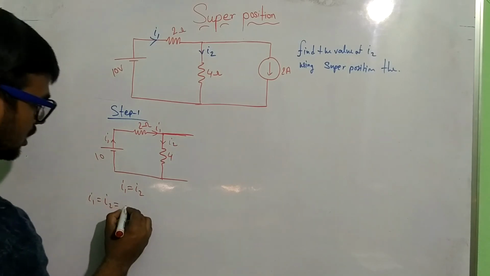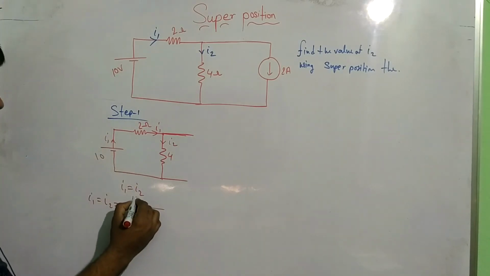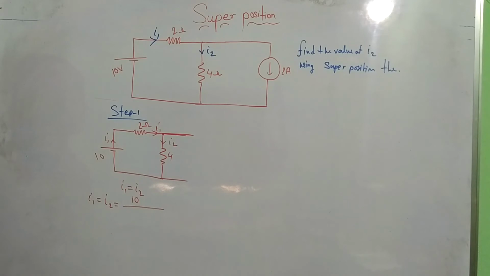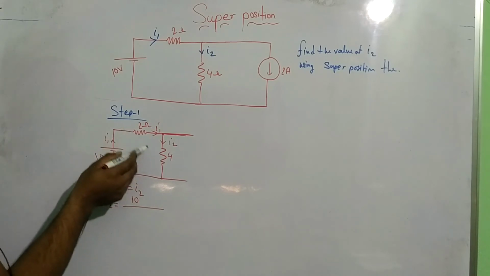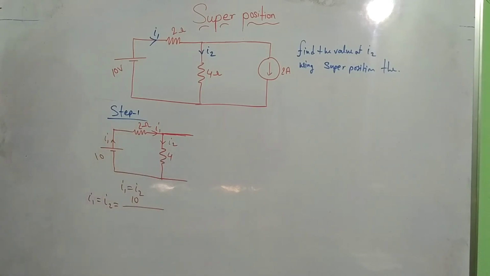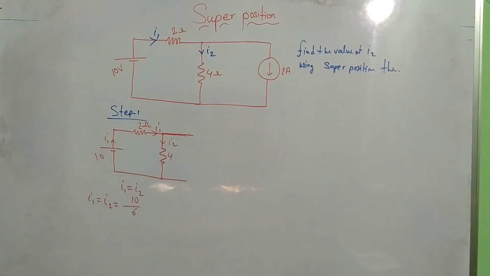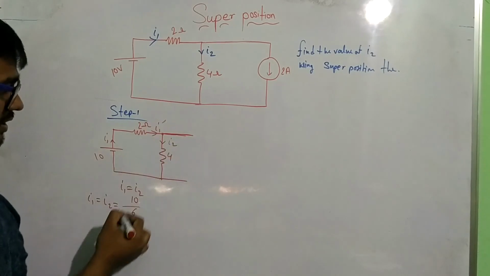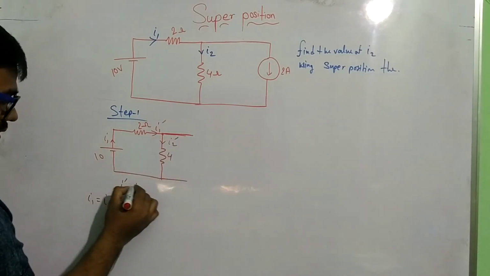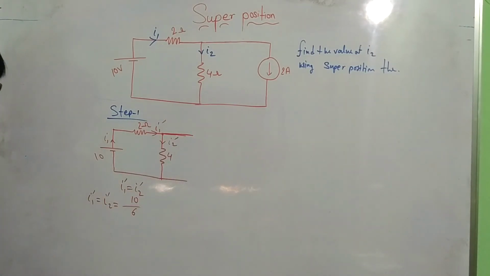Source current equals source voltage divided by equivalent resistance. Here the equivalent resistance is 4 plus 2, because they are connected in series. That means 6. Okay, this is our current. But I am saying that when I am doing step 1, I take I1 dash here, so I2 also has a dash.